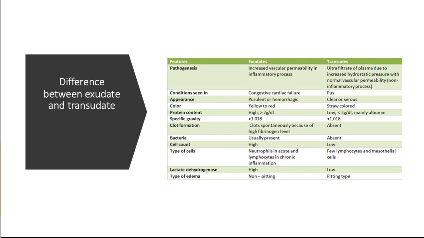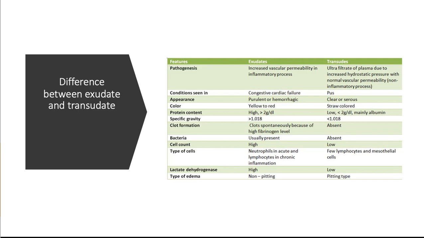An exudate is an extravascular fluid that has a high protein concentration and contains cellular debris. Its presence implies that there is an increase in the permeability of small blood vessels, typically during an inflammatory reaction.